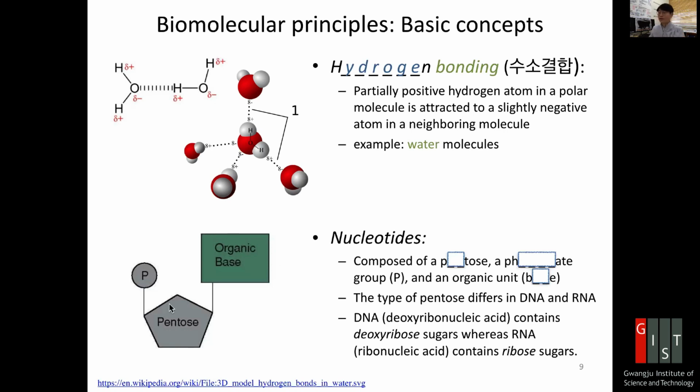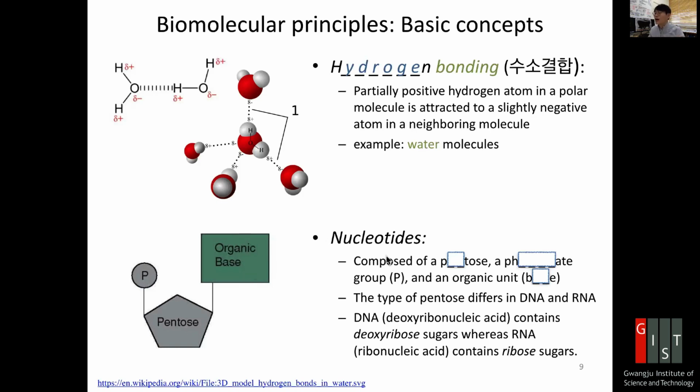Very simple. You see there's a pentose with 5 edges. You remember the Pentagon as a representative building in the USA; that shape has 5 angles. So we call it a pentose, and tose means a sugar molecule. There's one phosphate group, and there's an organic base.